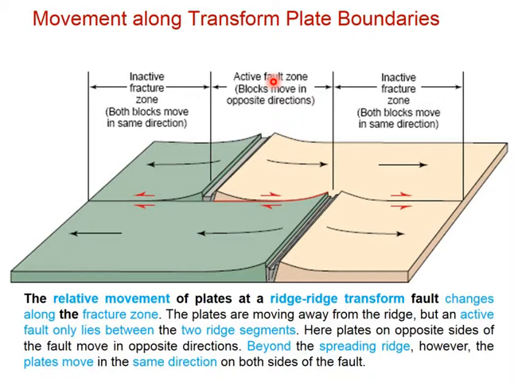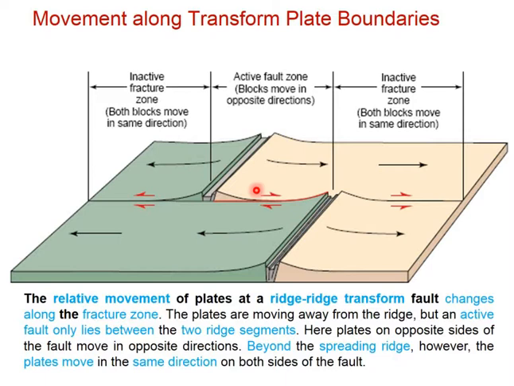Based on the relative movement along the fracture zone or transform fault, we can classify them into inactive and active fracture zones. The active fracture zone occurs in the area between two ridge segments, where the plates on opposite sides of the fault move in opposite directions.